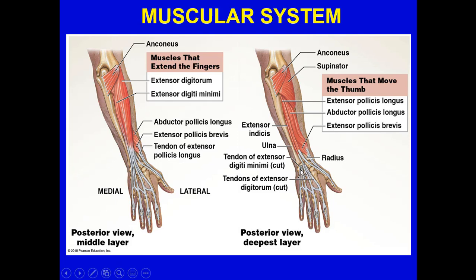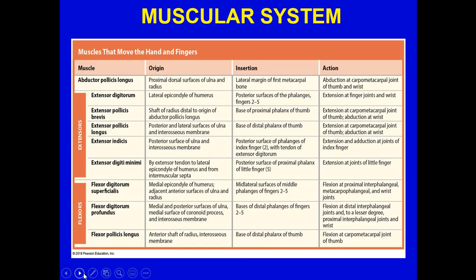And then we have this tendon of the extensor digiti minimi. They had to cut it. The tendons of the extensor digitorum get cut through here. Now, again, all of this origin and insertion, I'm not going to hold you as much to it. The actions are important.